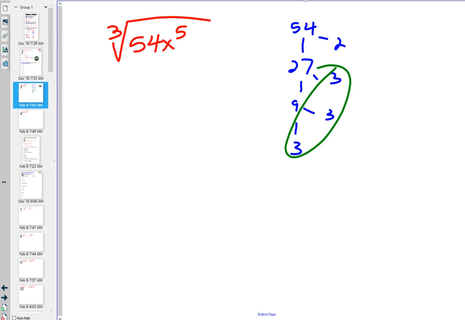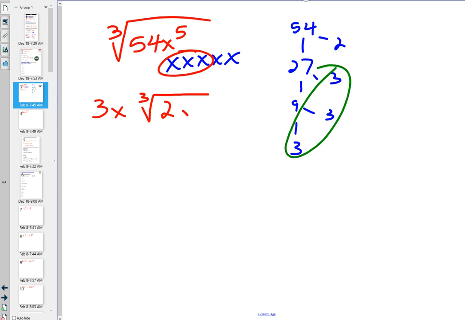If there are 5 x's, that means I can bring out 1 x, because if I were to write these out, and it's a cube root, I can bring out one group of them. It is a cube root. I like that you said cube root. There's a 2 on the inside, but 2x left. That's squared. Do I need to worry about any absolute values? Odd index.